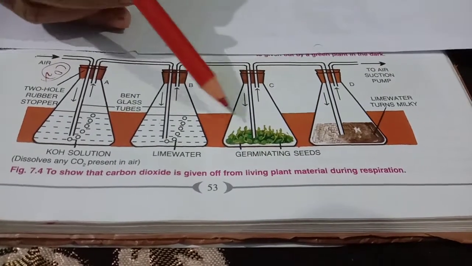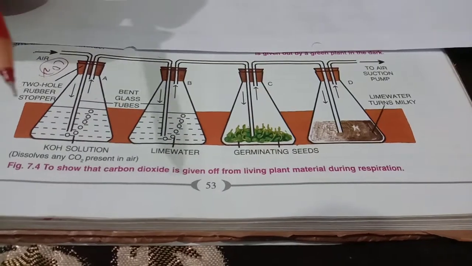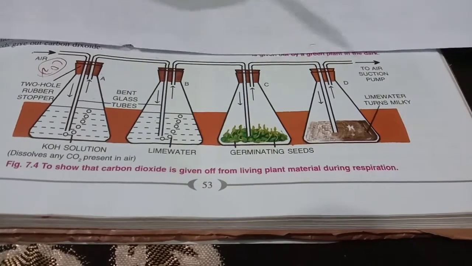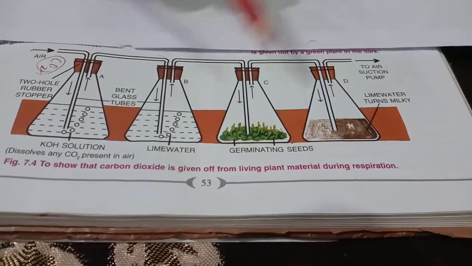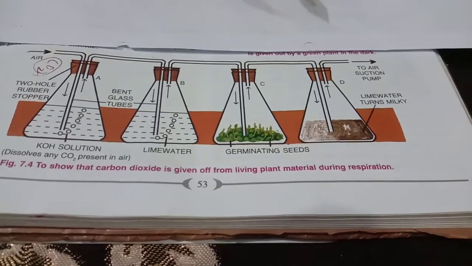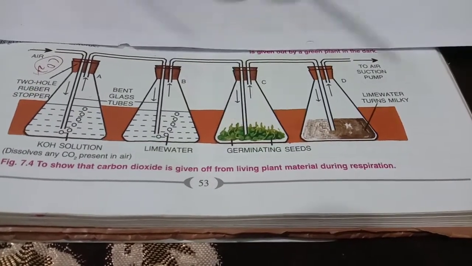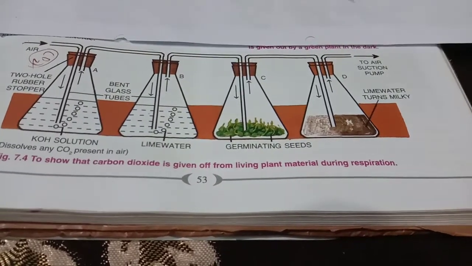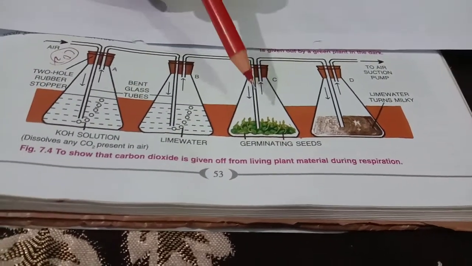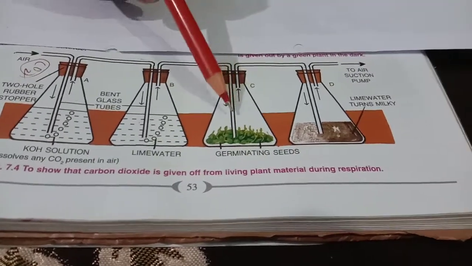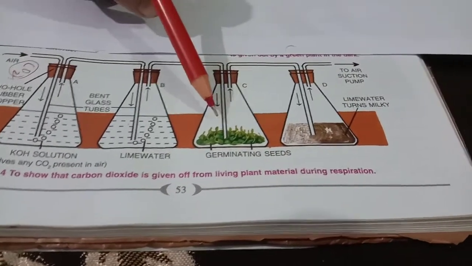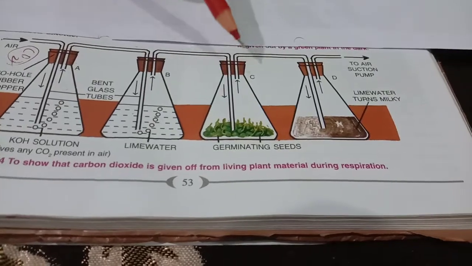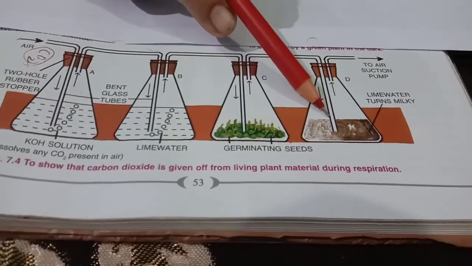Clear? In the experiments during the test or the semester, instead of the green plant, any small animal like an insect, a live cockroach, or a small frog can be kept. That also will turn lime water milky.